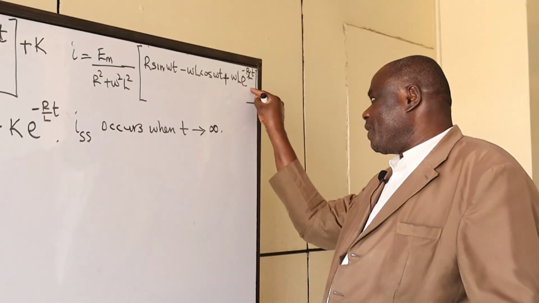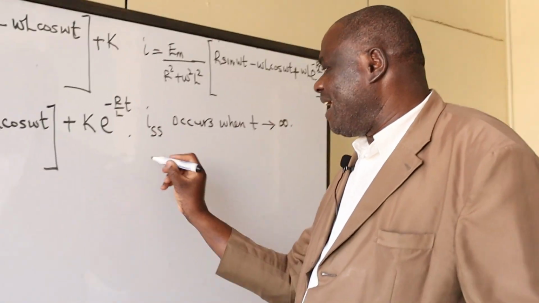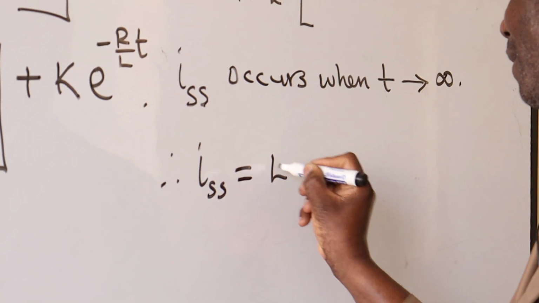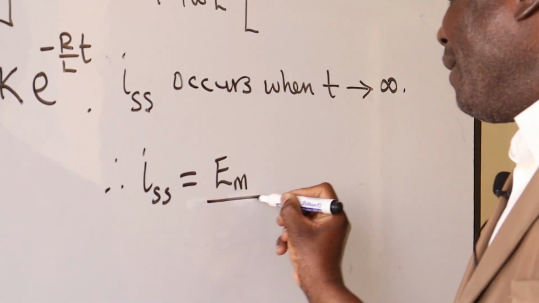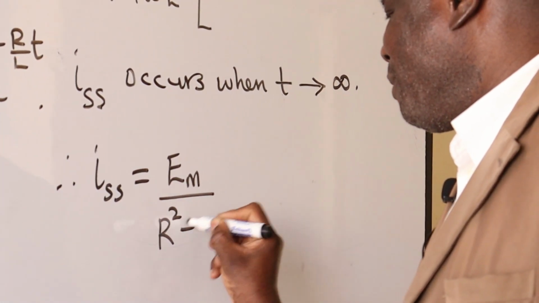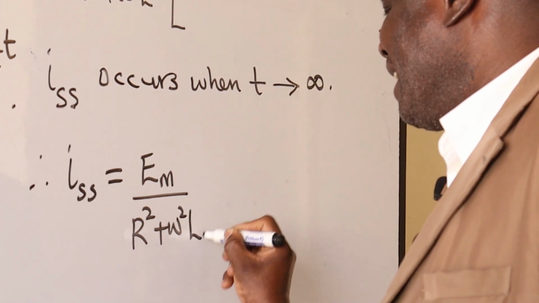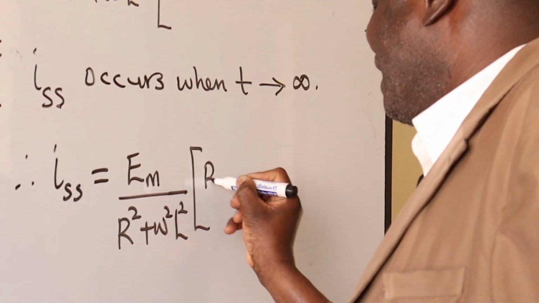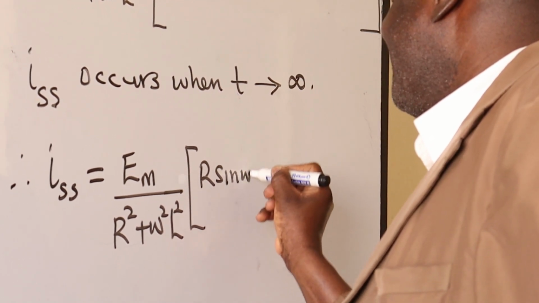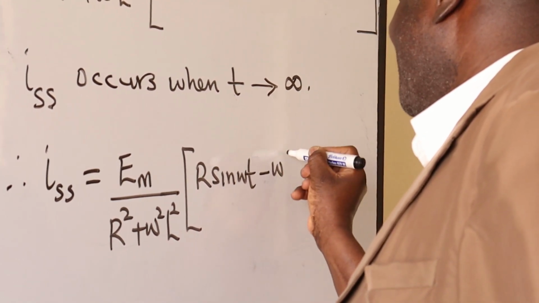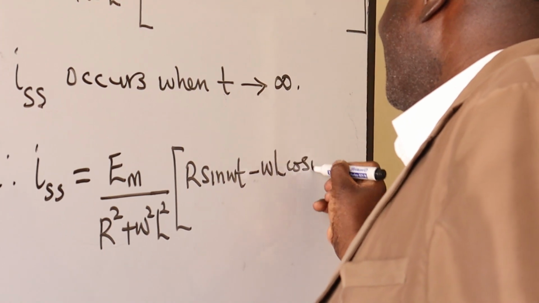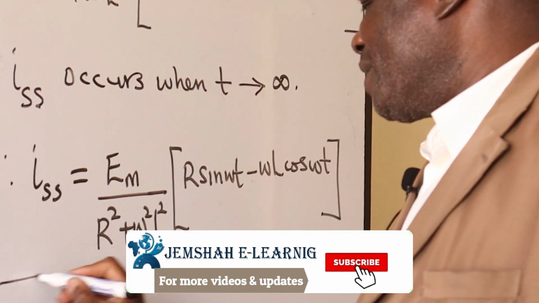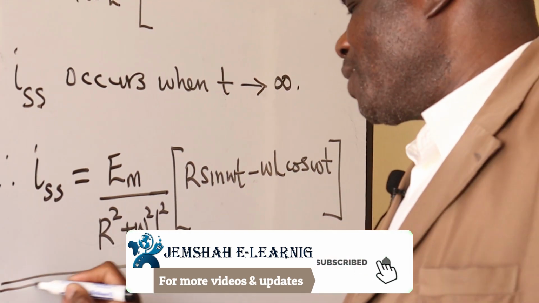So this term will go. Therefore, I steady state will be equal to Em all over R squared plus omega squared L squared. This one now multiplying R sine omega t minus omega L cos omega t. And that is the expression that was required.